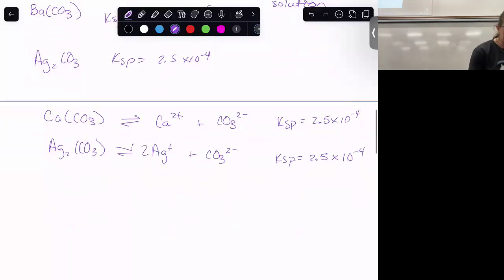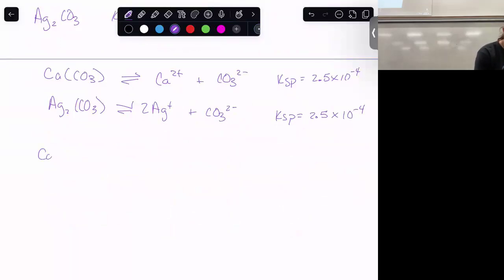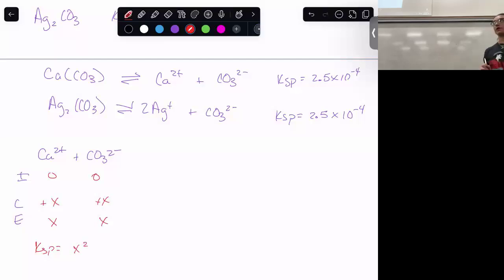If we write out an ice table, we start off with 0, so this is plus X and plus X. In solution we would have X and X, so Ksp would be X squared for the calcium carbonate.